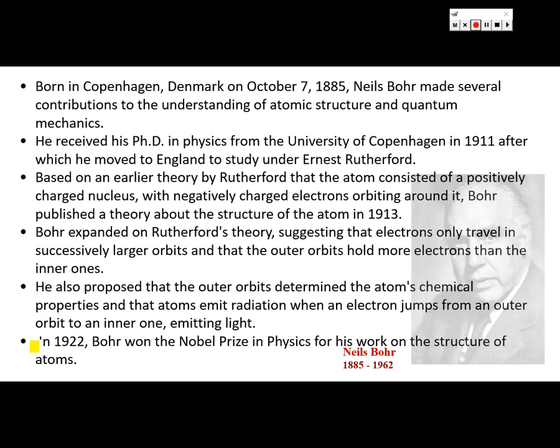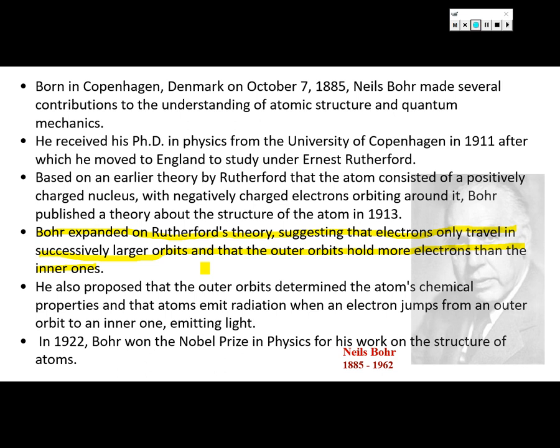So again, a scientific community. And he said electrons didn't travel randomly. He said, no, there has to be orbits. Okay, so in the first orbit, what do you draw in your Bohr-Rutherford diagram?